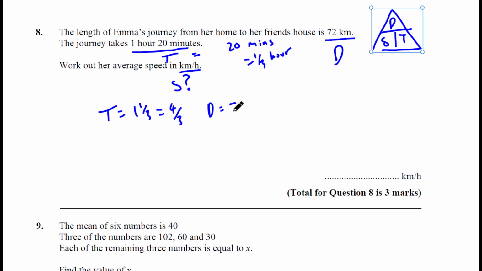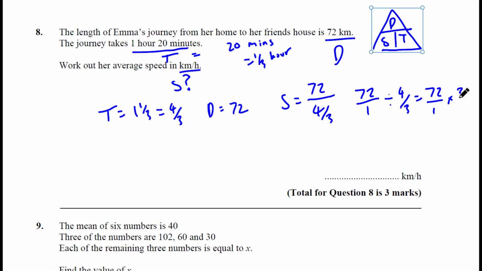We've got distance equals 72, so speed equals 72 divided by 4 over 3, and if we do keep change flip when we're dividing, that's the same as 72 over 1 divided by 4 over 3, which is keep change flip this.